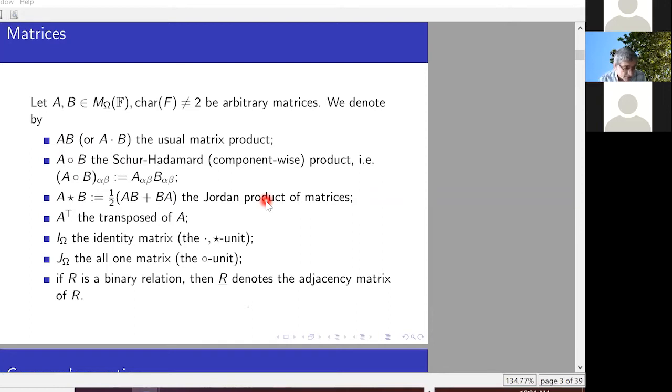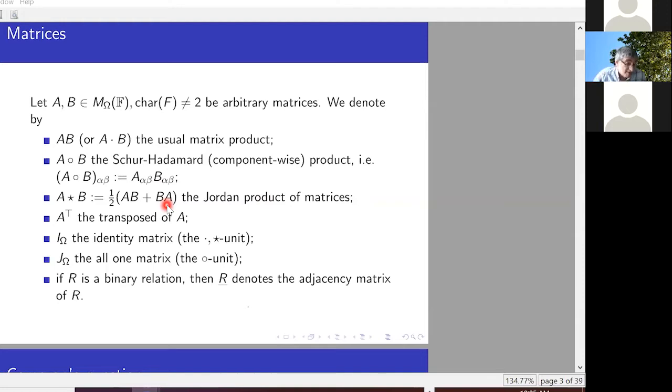Jordan introduced this product in order to keep symmetricity. That means if you multiply 2 symmetric matrices in the usual way, the product is not symmetric. But if you modify the product as Jordan did, then it becomes commutative, and the Jordan product of 2 symmetric matrices gives you a symmetric matrix.